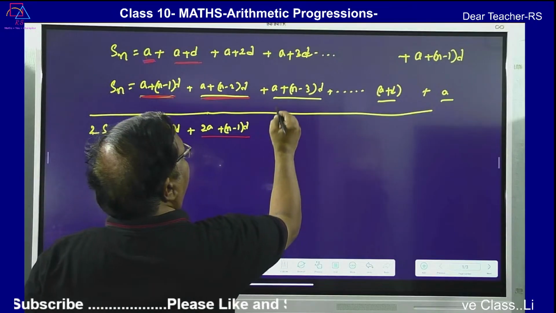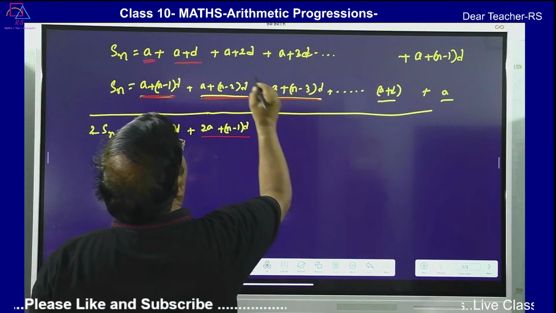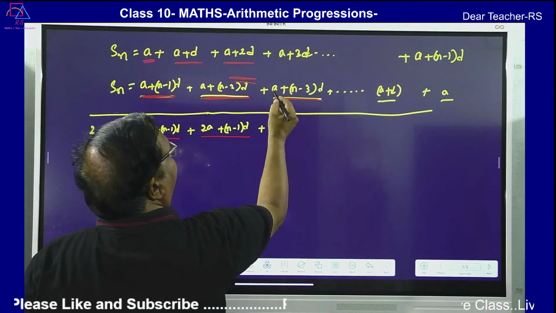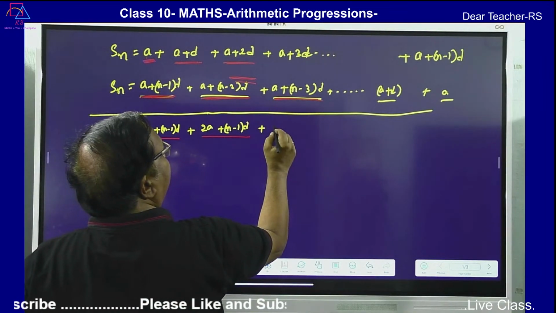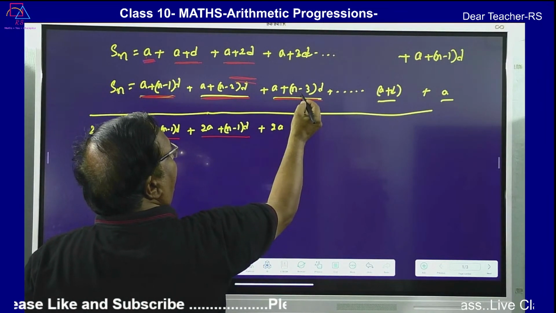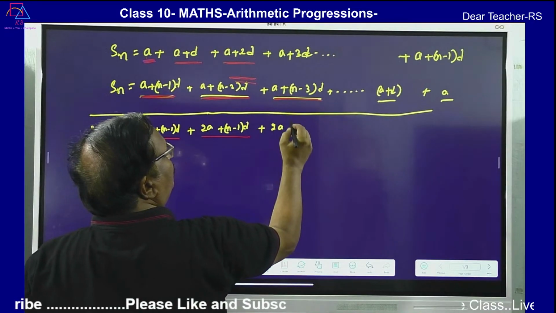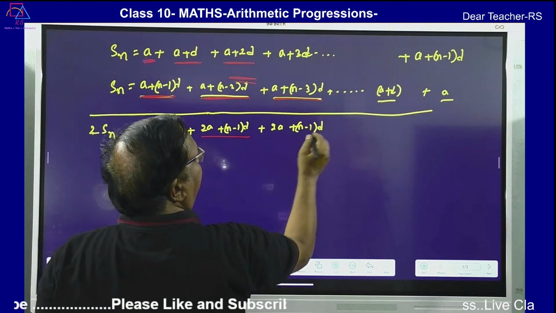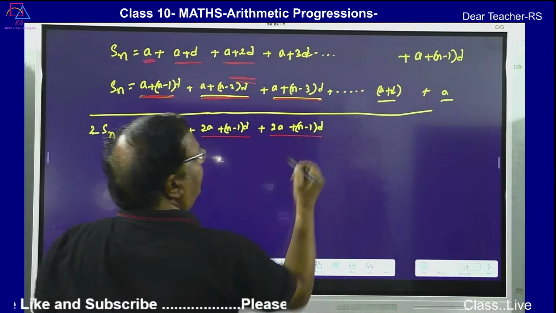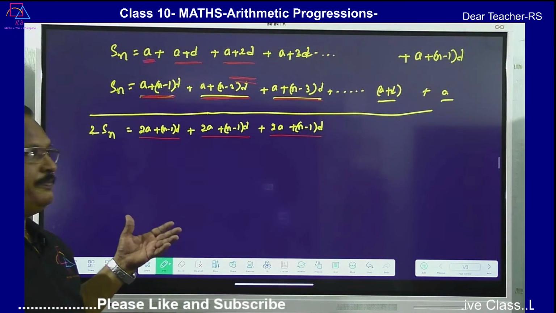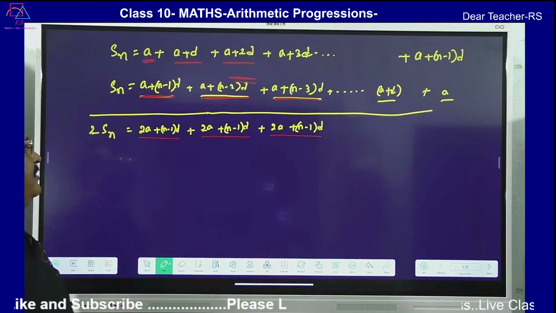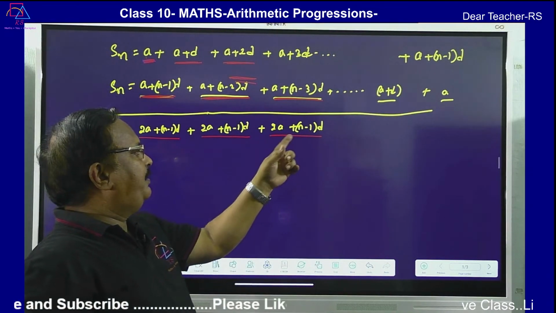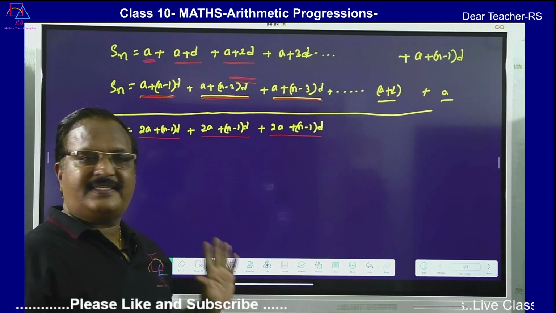Again, this is the third term and this is the third term. Then again a is there, here also a is there, 2a, n minus 3 plus 2, so n minus 1 again and d. You just observe the pattern: 2a plus n minus 1 into d, 2a plus n minus 1 into d, 2a plus n minus 1 into d, it is coming.